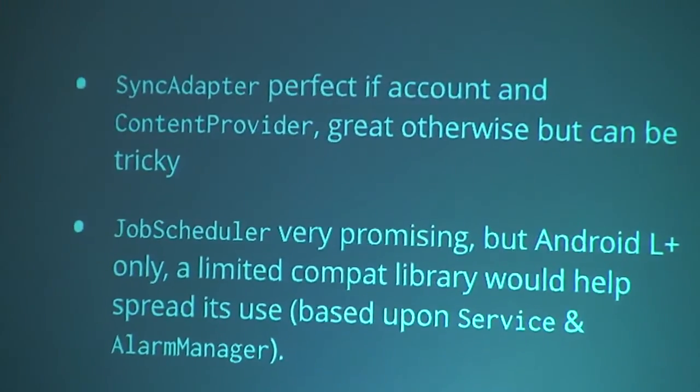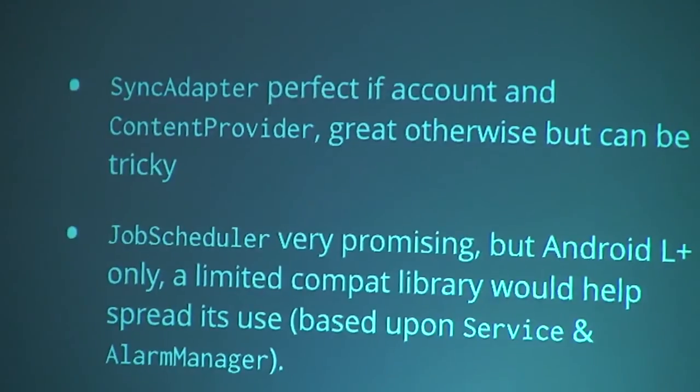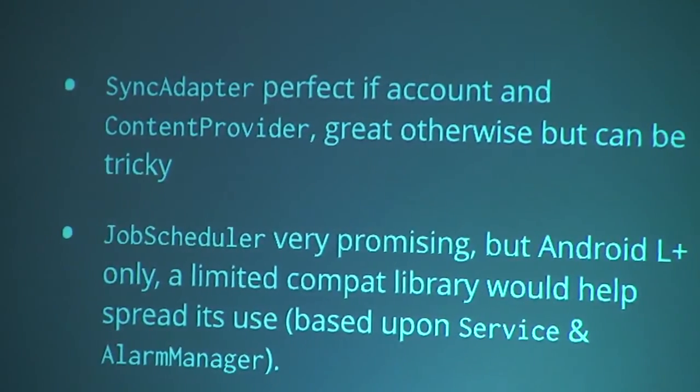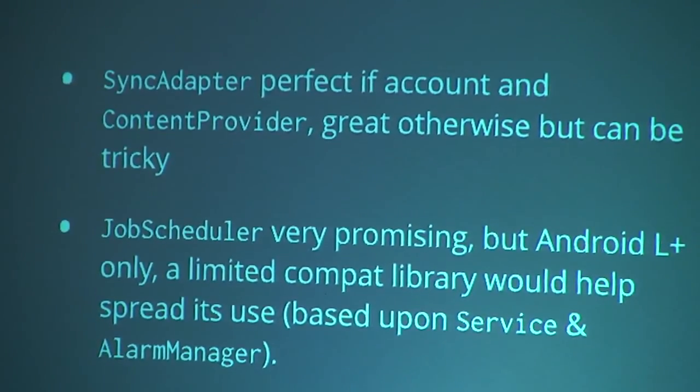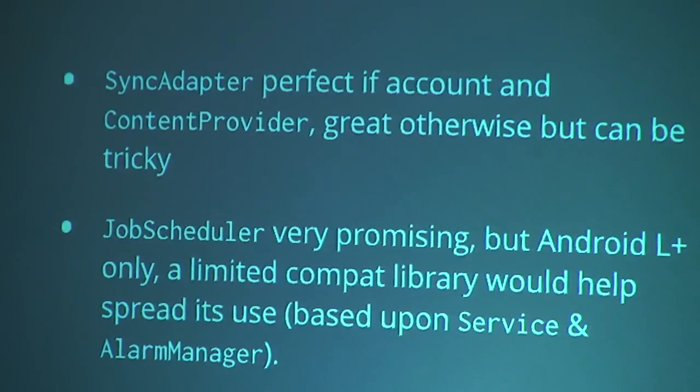You can create a limited compat library, not using the benefits of sharing the jobs schedule across the whole system, but in your own app. So maybe Google will provide us a compat library for this in order for us to use it, because otherwise it won't be used for at least 2 years, so it will be a little unused.